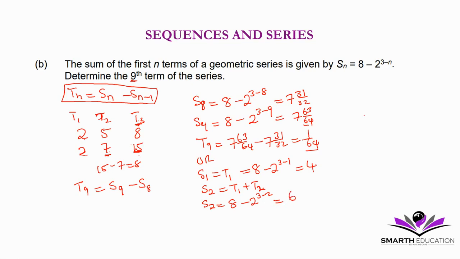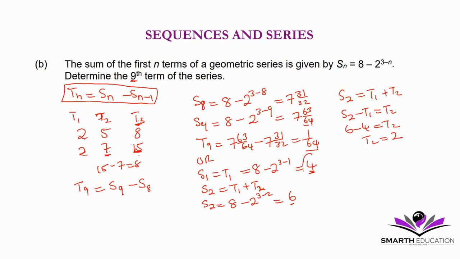So now, we are saying that S2 is equal to T1 plus T2. So it means that S2 minus T1 is equal to T2. S2 is 6, T1 is 4. So it means 6 minus 4 is equal to T2. Therefore, T2 is equal to 2.